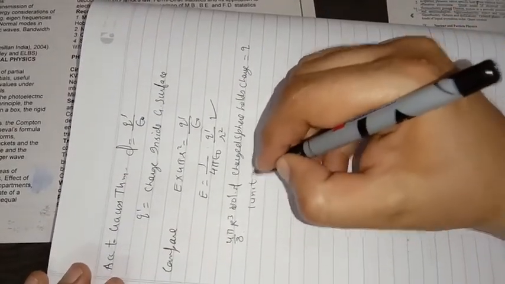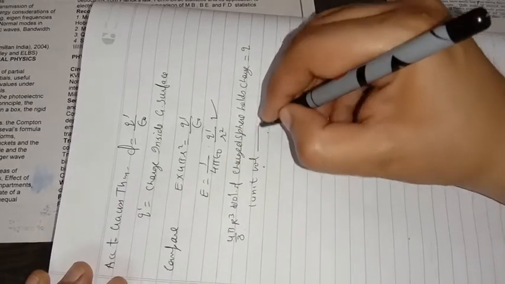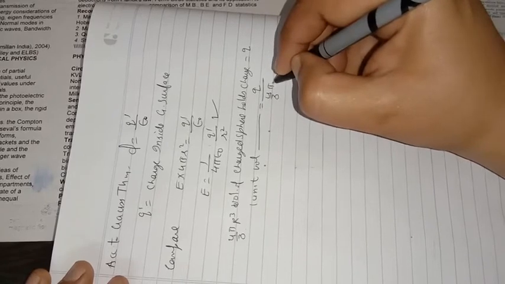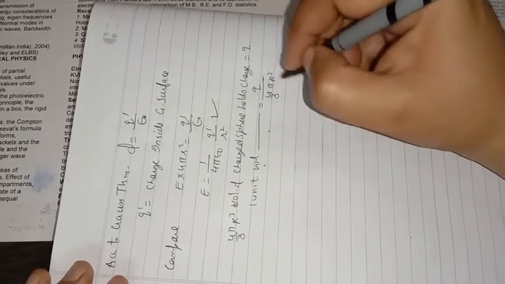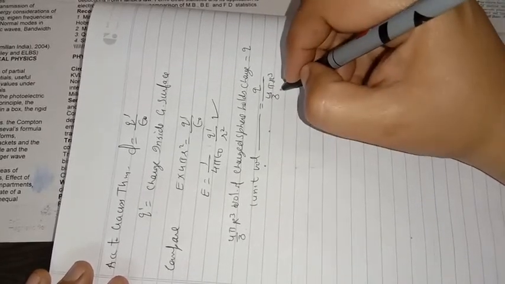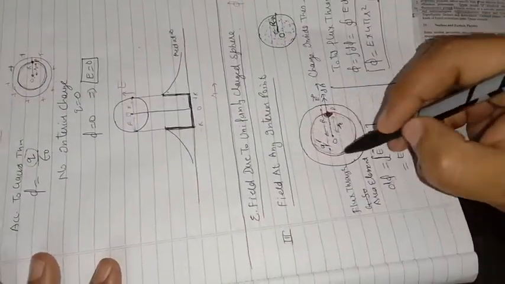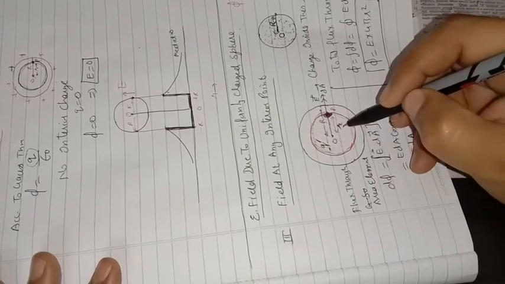So 1 unit volume will hold how much charge? Q over 4 by 3 pi r cube, which is nothing but the charge per unit volume, the charge density. We want to find out how much charge is present in this volume of radius small r.